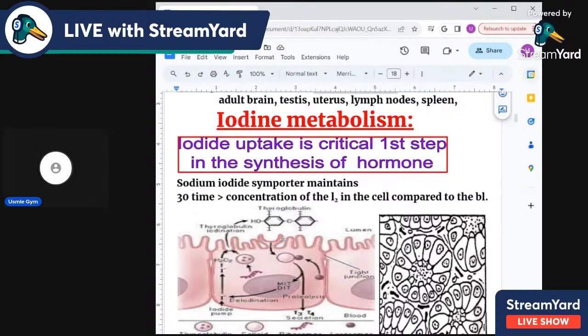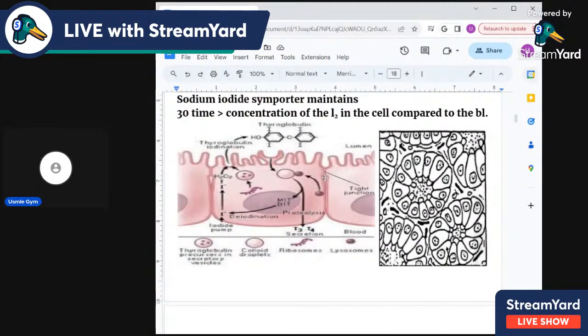Okay, now we're doing the iodine metabolism. The iodine uptake is the critical first step in the synthesis of thyroid hormone, and it is the rate limiting step. So how is it done? This is the thyroid follicular cell, encircling the colloid in the lumen of the follicle.